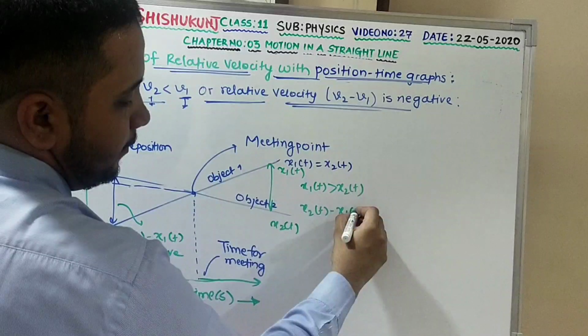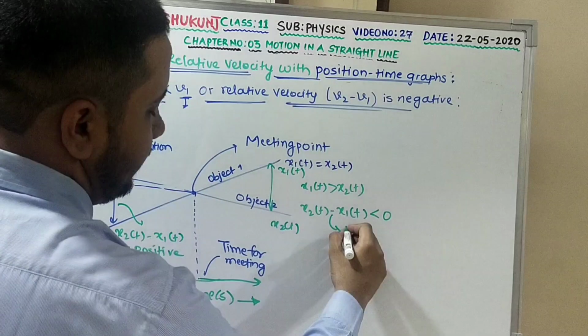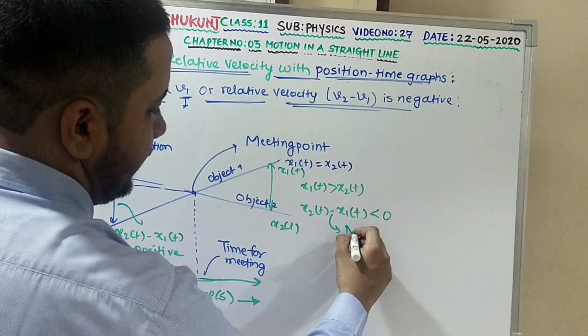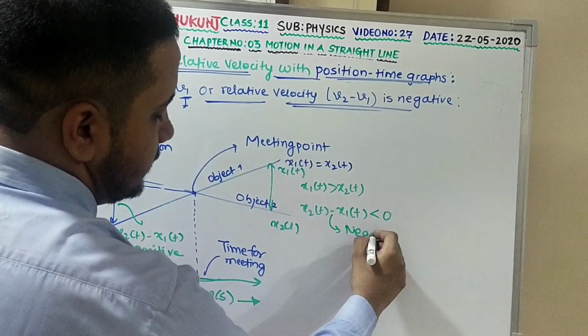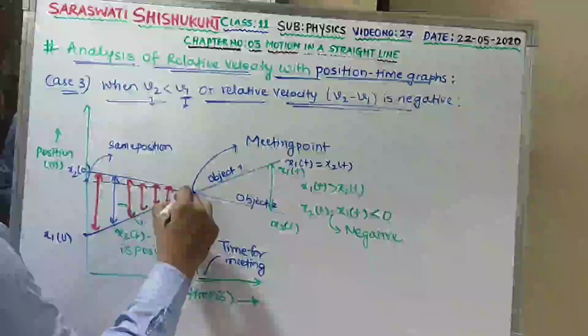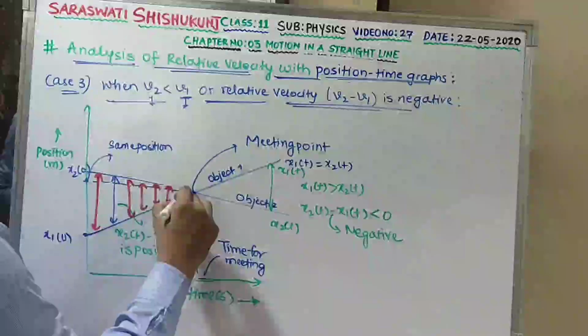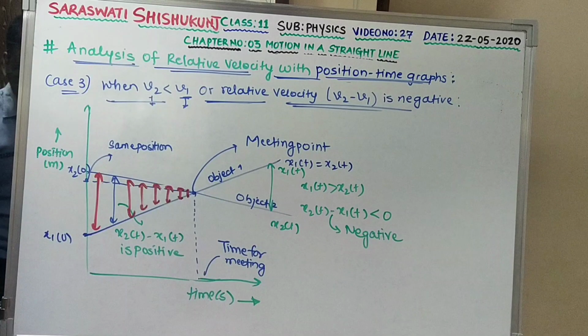So x2t minus x1t, less minus bigger value, your answer will be less than 0, meaning this is negative. One thing you will be able to observe over here is that it's decreasing.